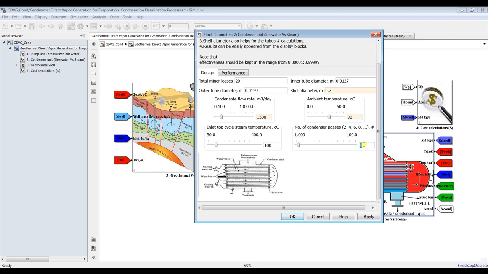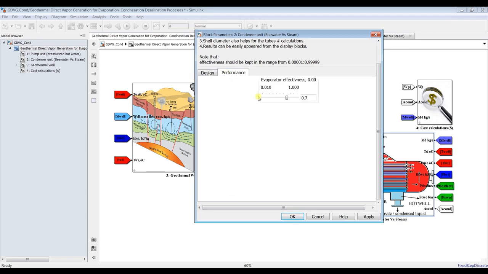It has some effect; suppose it's 4 passes. I will keep this. Performance: going with lower efficiency, you can discover the effect. Going up to 1%, there is some complex calculation for effectiveness. It depends on your operating conditions. Suppose we begin from 0.5.